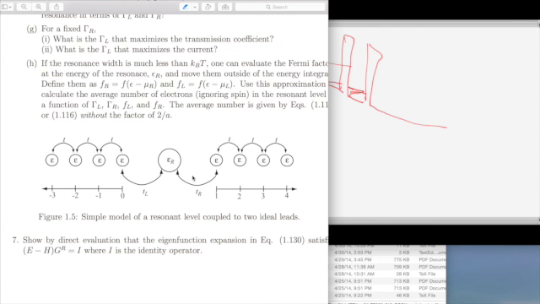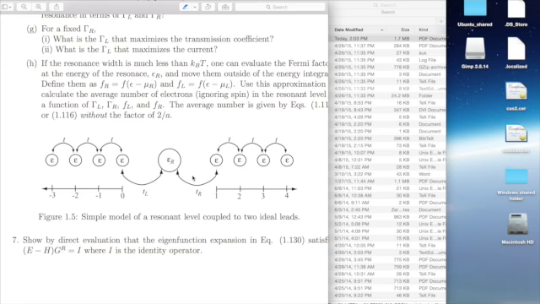Later, when we do the recursive Green function algorithm, we'll extend this a little bit and add another level here, add some coupling, and see what happens.